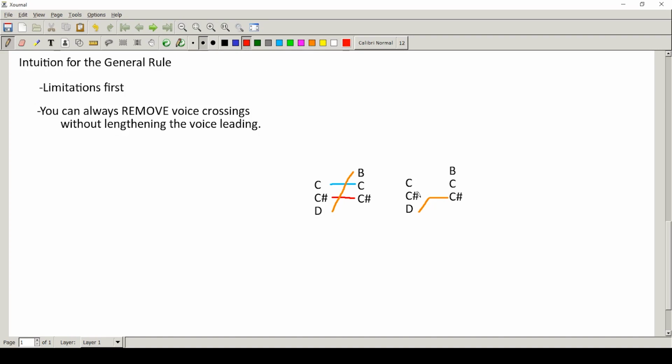C sharp, meanwhile, was going along, bumps into D's orange path, says, okay, I'll take over your orange path for a while. It goes up, then it bumps into C's blue path and says, okay, I'm not going to cross you, so I'll become C. Meanwhile, C was going along happily, bumped into C sharp and said, okay, let's not cross, I'll just become B.